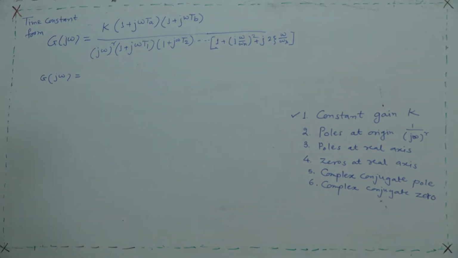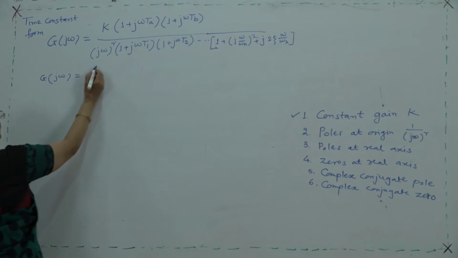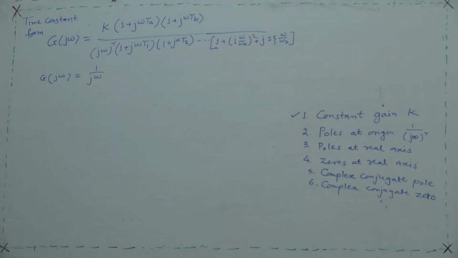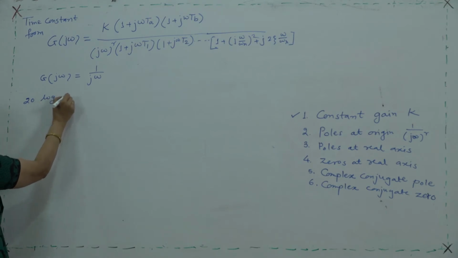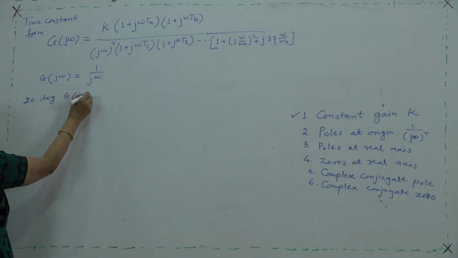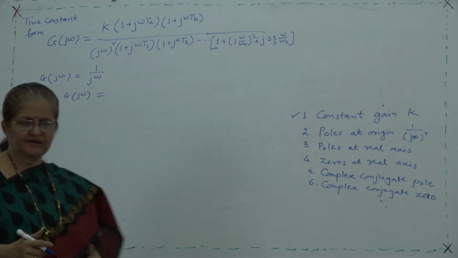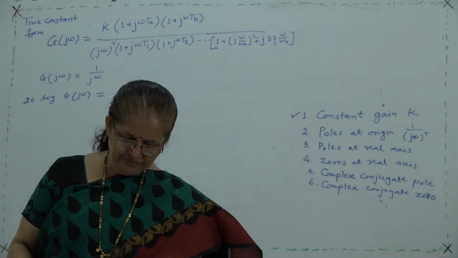G j omega will be 1 upon j omega. So, what is the value of 20 log of magnitude of g j omega?